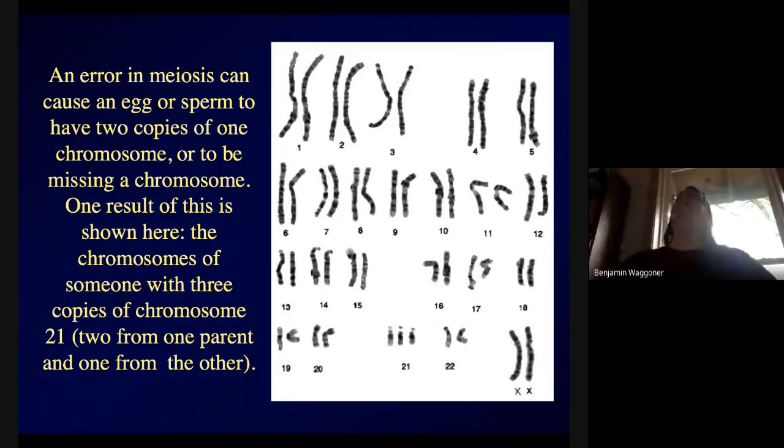Usually those babies don't live very long. There's a few that manage to defy the odds, but most of the time, if you've got 3 copies of 14 or 3 copies of 18, you'll die within a few days after birth. Although some of them manage to hang on, but it's pretty rocky. They don't thrive most of the time.